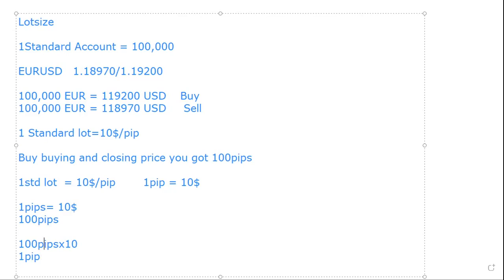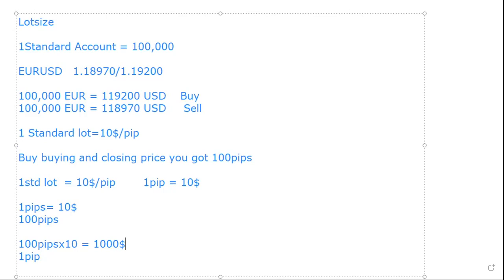So what will you get? You will get $1,000. That will be the price that you will get if you are using a standard lot.